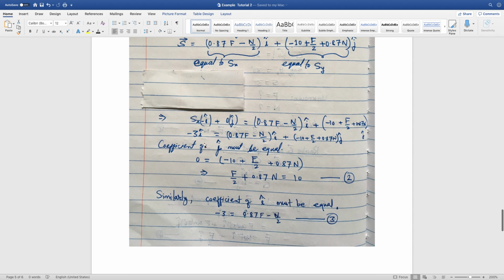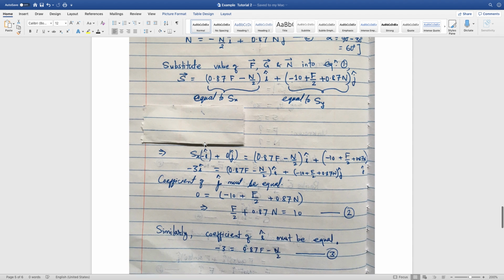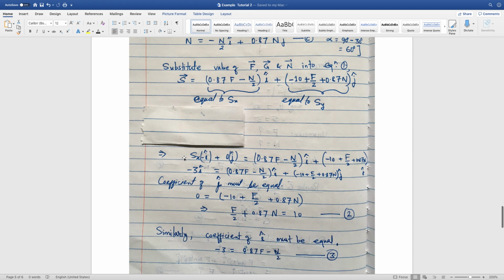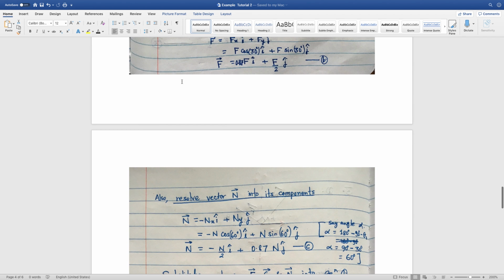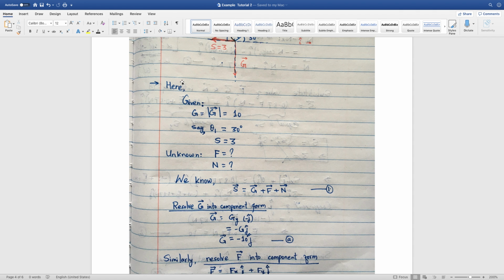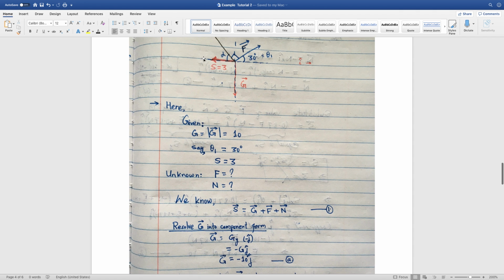So now after substitution, let's look at the next step here. You see, this vector s can also be resolved into component form, but remember the vector s in the diagram is, let's go back, in the diagram it's really just this way, right?